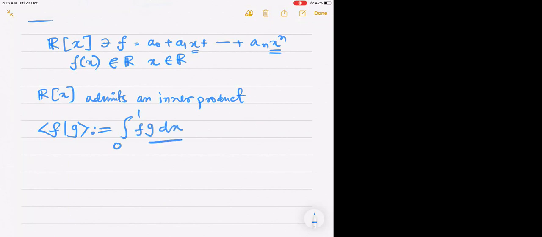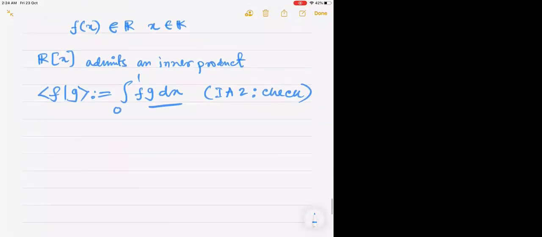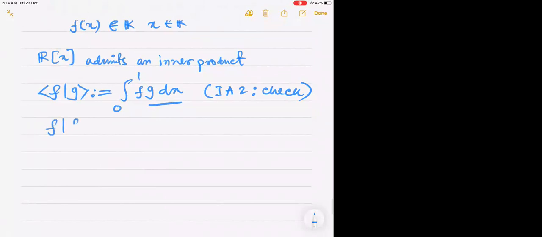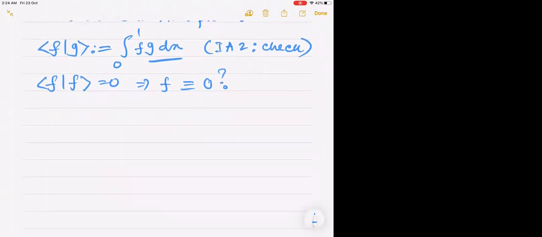This is a legitimate definition of an inner product. Just check that. This goes to you as an immediate attention problem. What you will have to check is, for example, what happens when the inner product of f with itself is equal to 0. Does this imply that f is the 0 polynomial? Check.